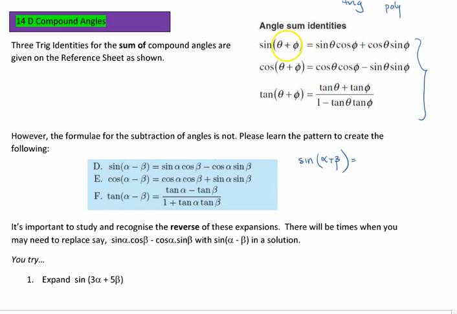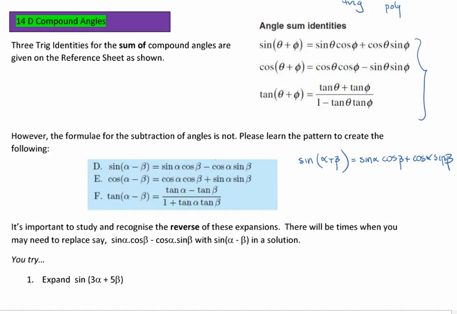No one says we have to call the angles by those particular Greek letters. We could use alpha and beta that we're a whole lot more familiar with. So the equivalent using alpha and beta would be sine alpha cos beta plus cos alpha sine beta.